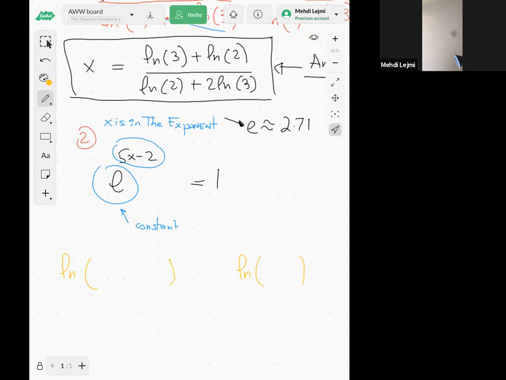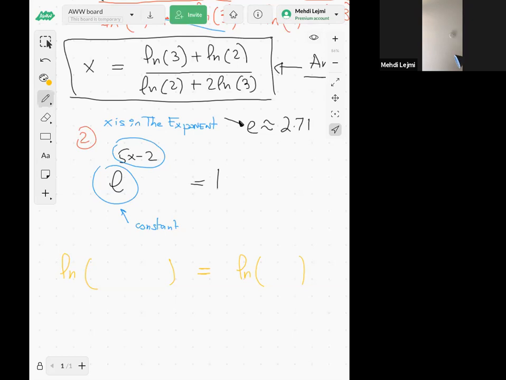This natural log is a log in base e. But of course, you can apply a log in a different base and you would have the answer expressed in a different base. But it doesn't matter. Again, we apply natural log because it's a convention. That's what people use most of the time to solve these kinds of equations.